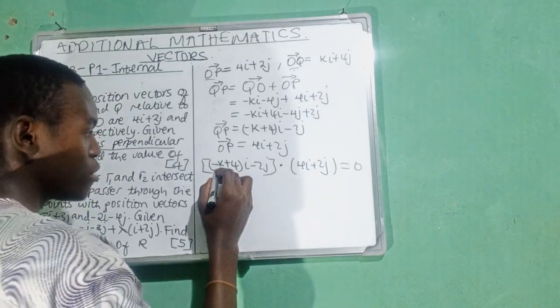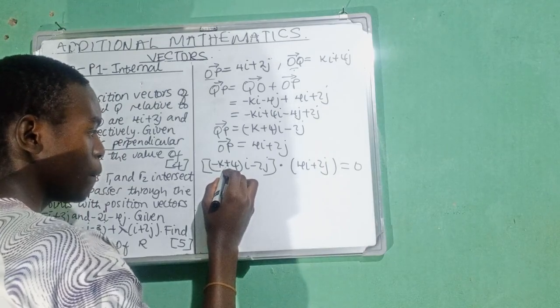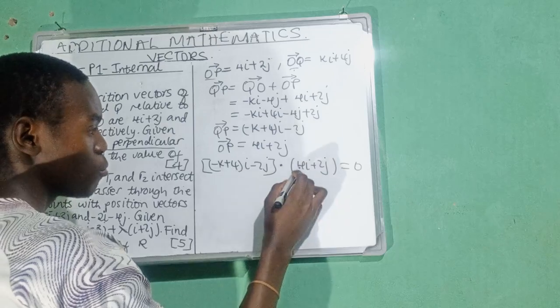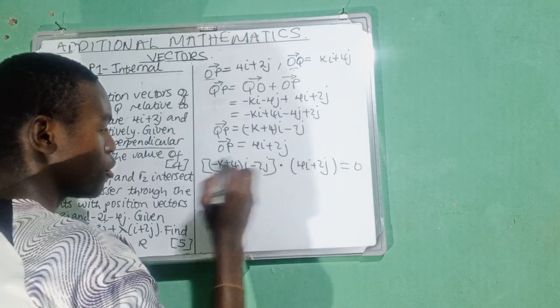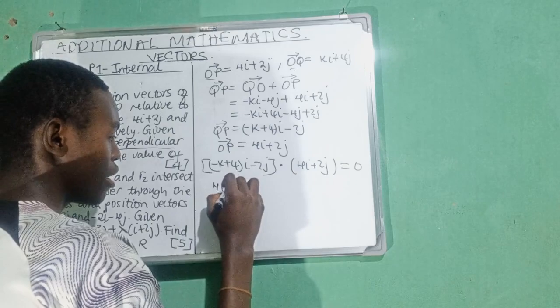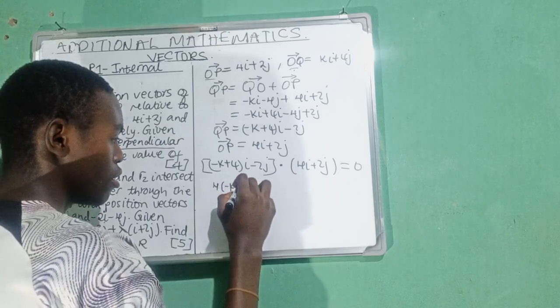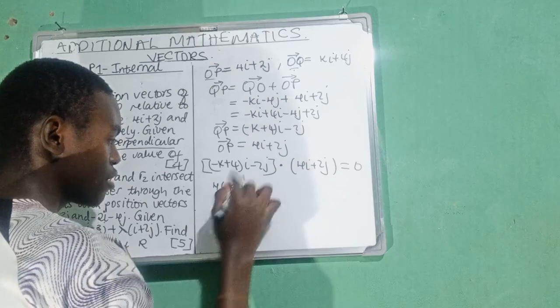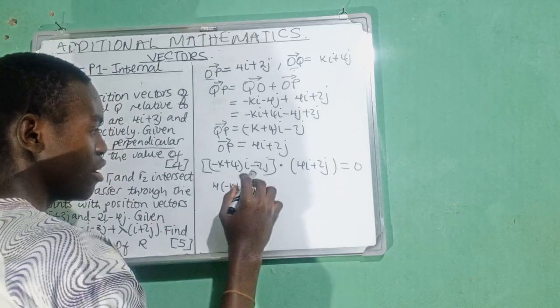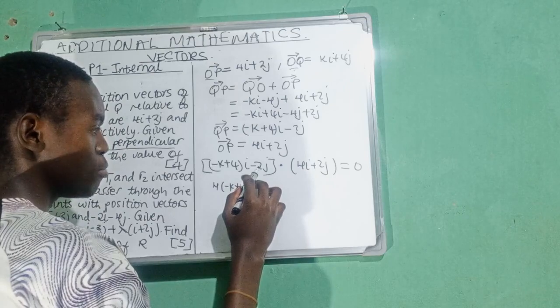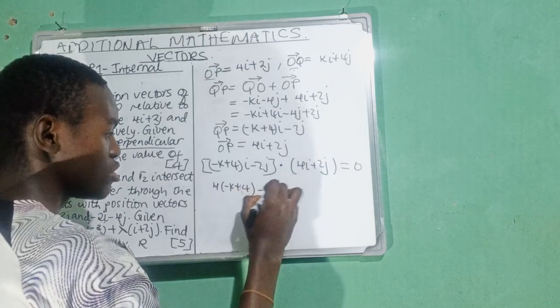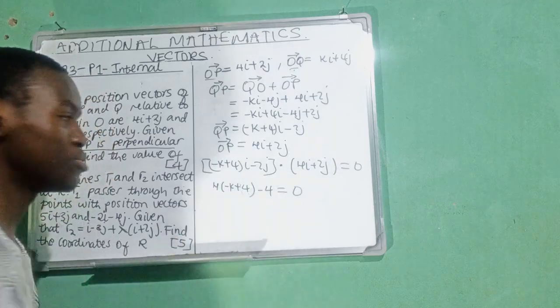We multiply (-k + 4) by 4, and then negative 2 multiplied by positive 2, which is negative 4, and this should be equal to 0.